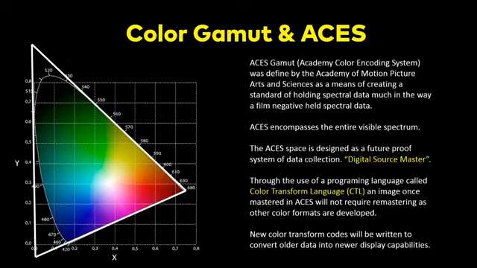So the next technology comes along, and maybe you've had to time it out for 709 or P3, and the next thing is a really broad gamut. Well, using the CTL, color transform language, you can redefine those color points to the newer technology. So this is the hope that it acts as a digital negative. As new color transform codes are written, it'll simply convert this older data into a new format.